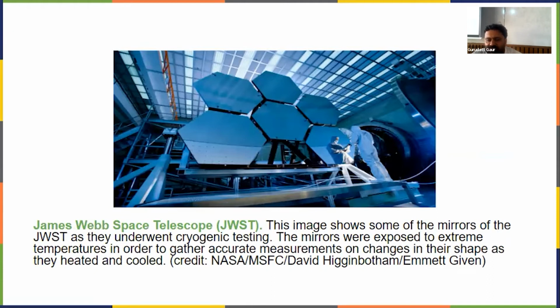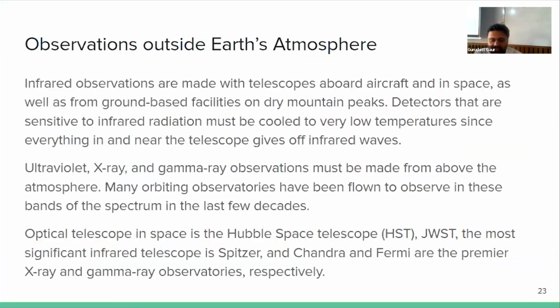Yeah, because they are overlapping, but I think this is for optical and maybe some UV and IR, close to that visibility. I think Hubble telescope and JWST are the optical telescopes. Fermi, these are the gamma ray, X-ray and gamma ray. Spitzer is the infrared telescope.